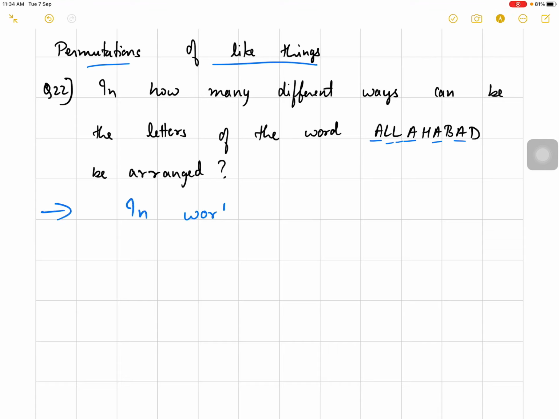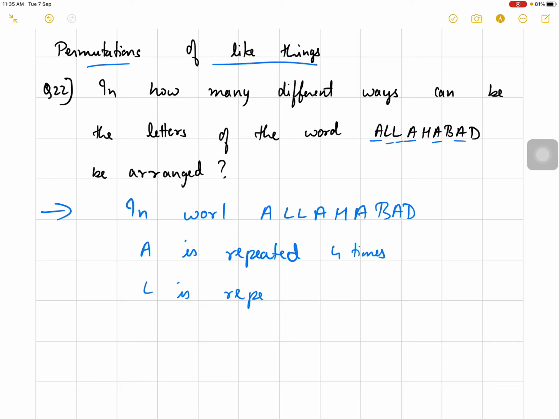In the word Allahabad, A is repeated 4 times and L is repeated 2 times.